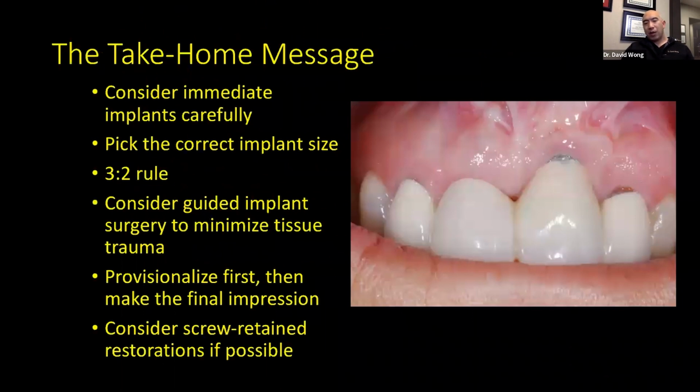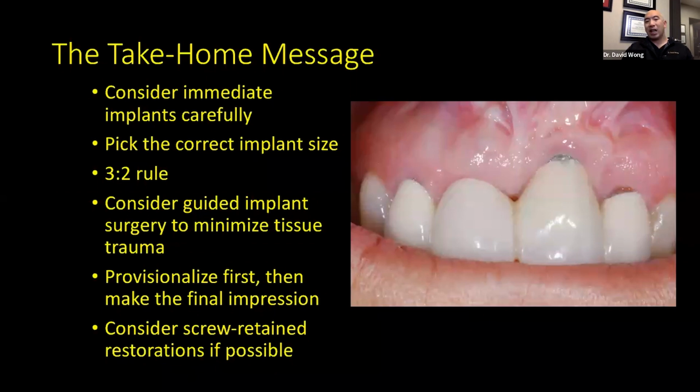So when we're talking about immediate implants, we want to consider them very carefully. You want to pick the correct implant size. So we're not trying to stick a 5 millimeter diameter implant in these cases. The majority of the time, you're sticking a 4 millimeter implant in or smaller. We talked about the 3-2 rule.